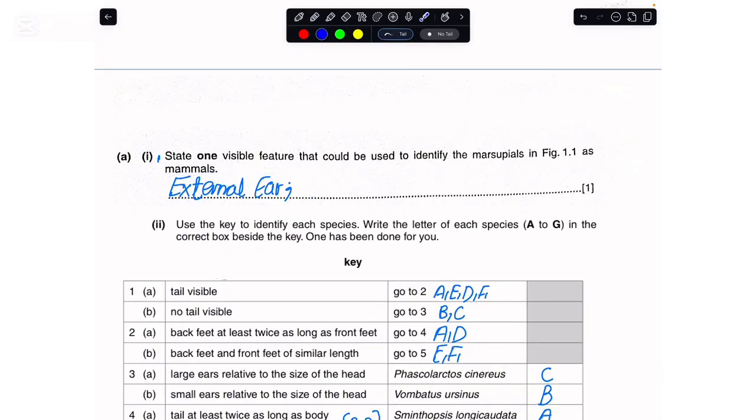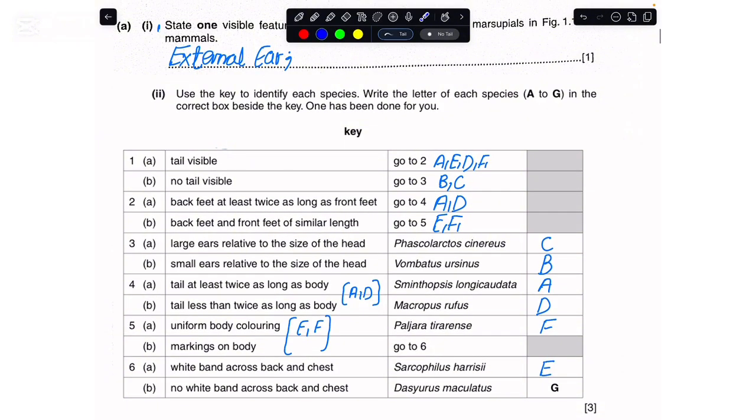Now, if we come toward the second part, this is actually a dichotomous key, and we have to follow all of the instructions which are given in the table, and by that we would be identifying each and every individual marsupial animal which they have given us at the top. So they say that you have to use the key, and by that you are required to identify each species.